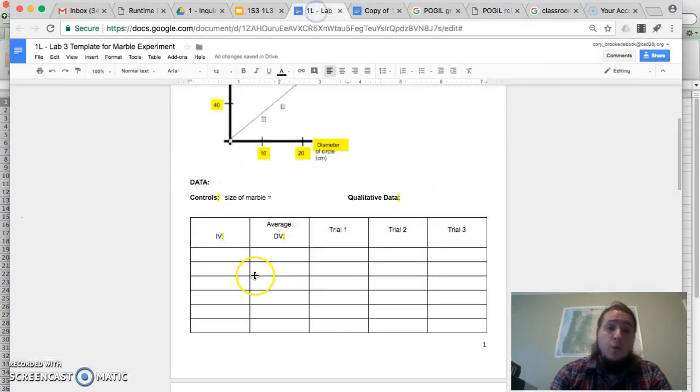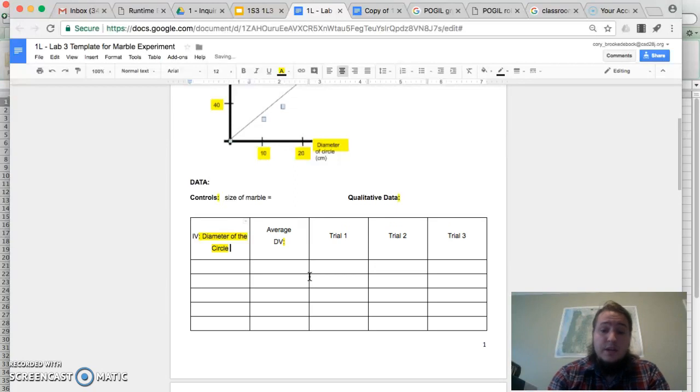So what we're going to do here is our independent variable is going to be diameter of the circle, and we need to make sure we have our units, which is going to be in centimeters, and then our uncertainty here, when we've done some measuring before, we've had it be plus or minus 0.3 of a centimeter.